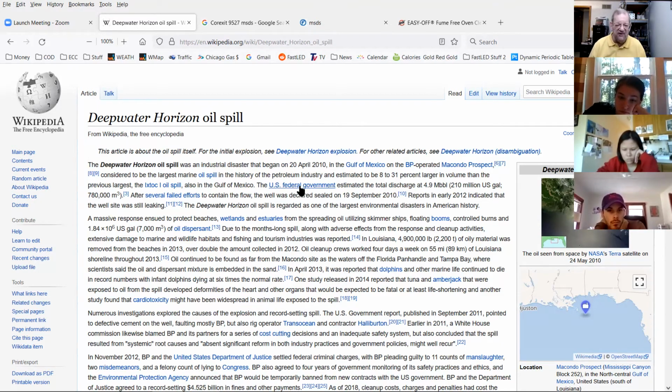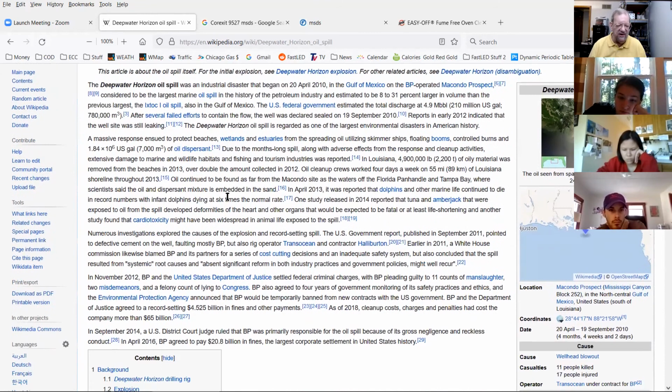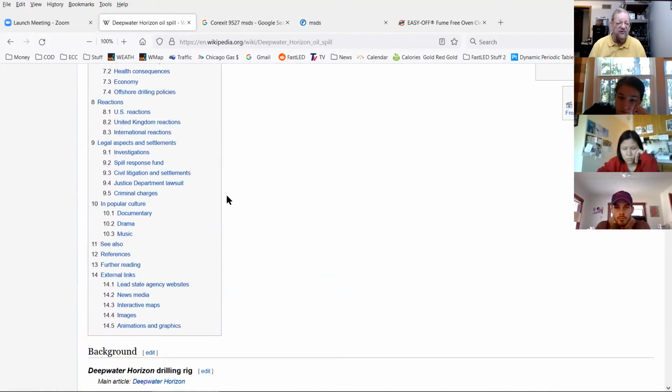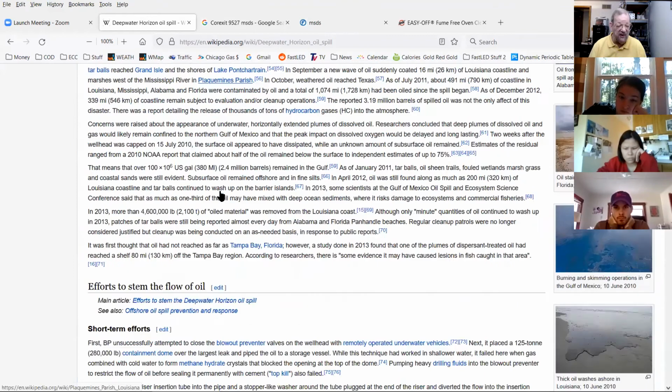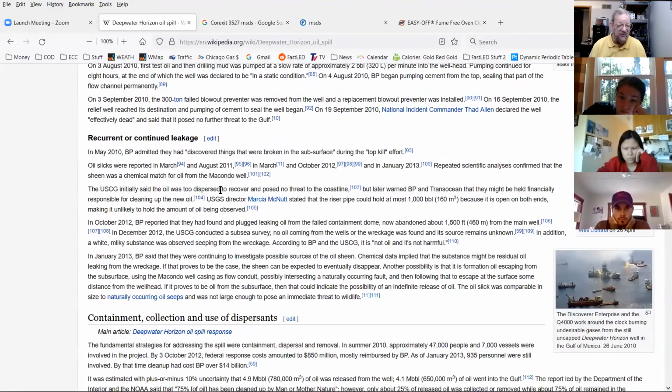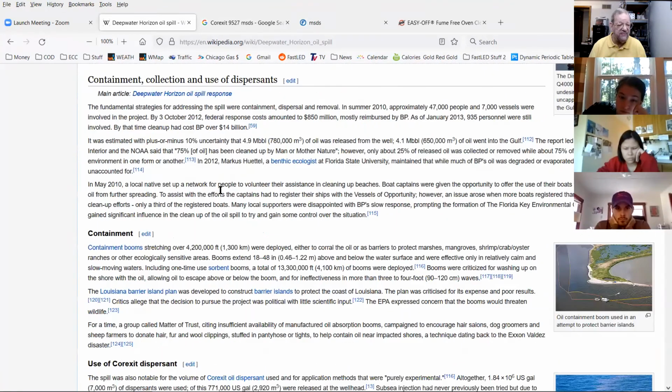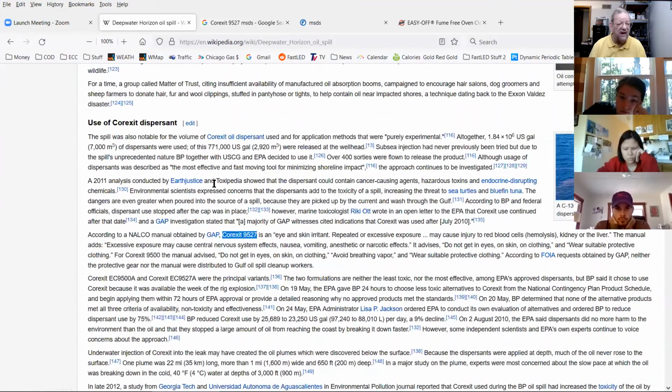After a number of days, it was reported in the news that to disperse the oil, because oil and water don't mix, they're not soluble, they used a special chemical called a dispersant.